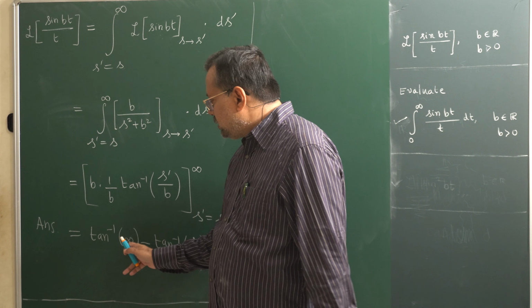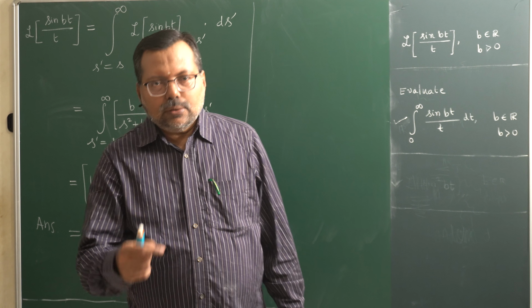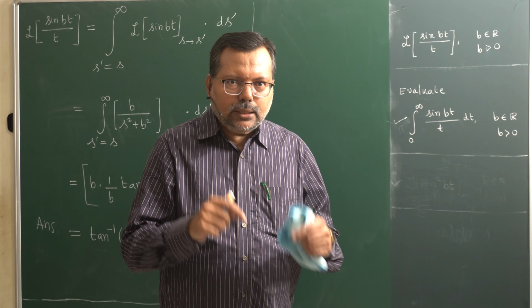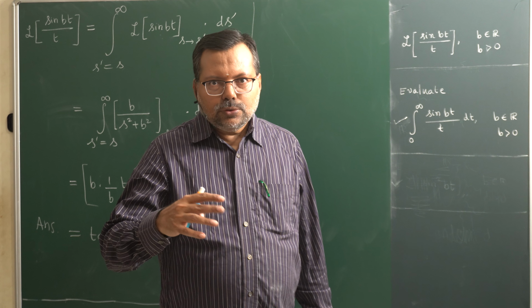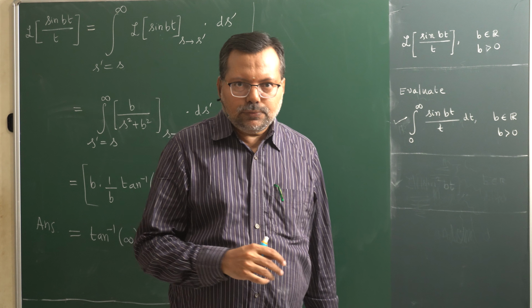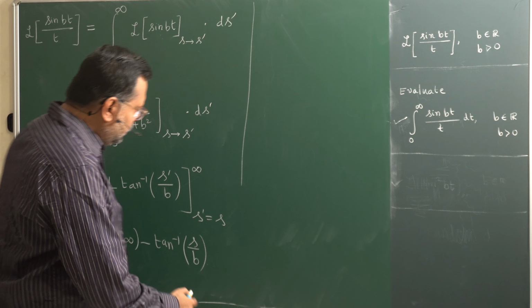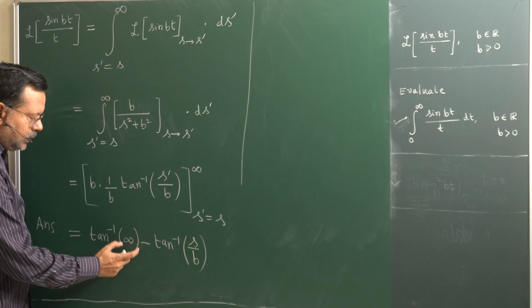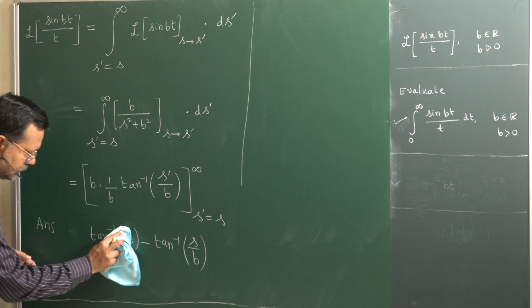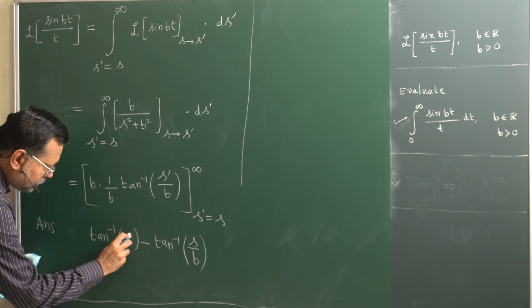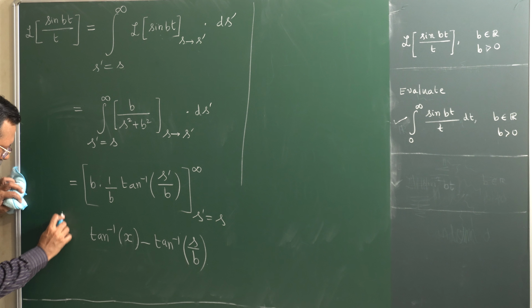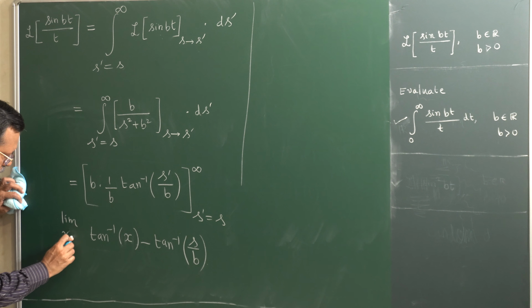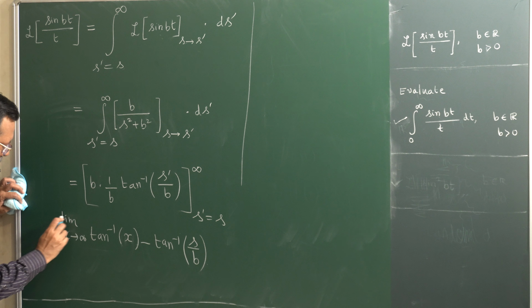What we mean by tan inverse of infinity is how the tan inverse function behaves for extremely large values of its argument. You are asking what happens in the limit of x approaching infinity.